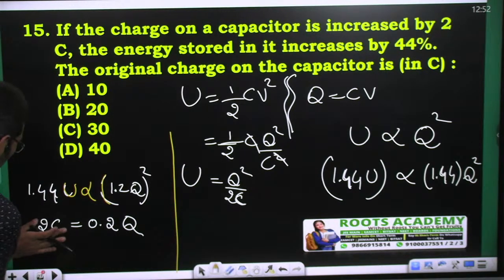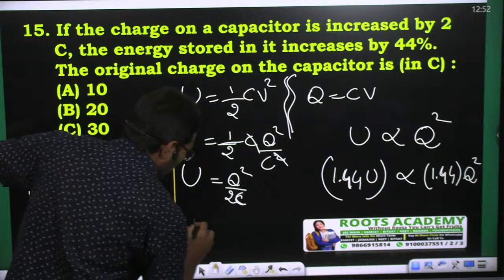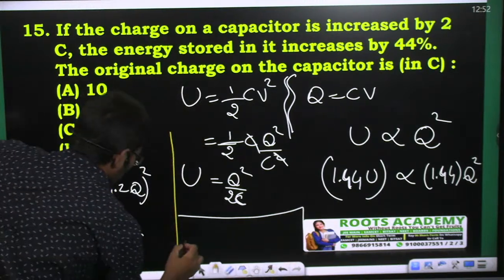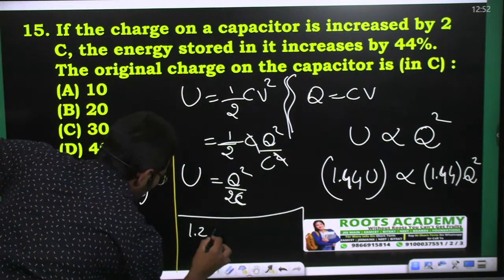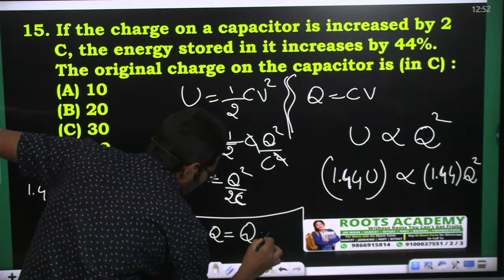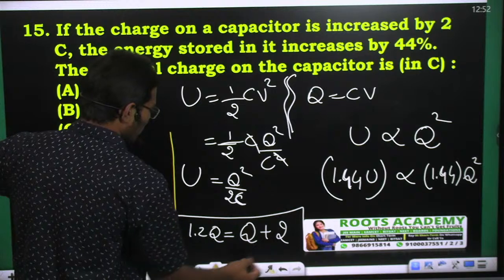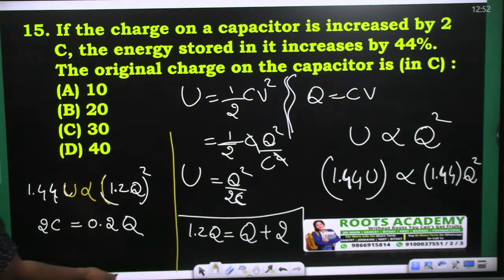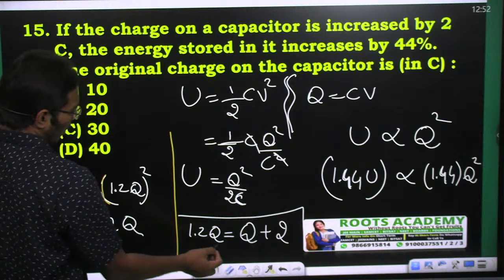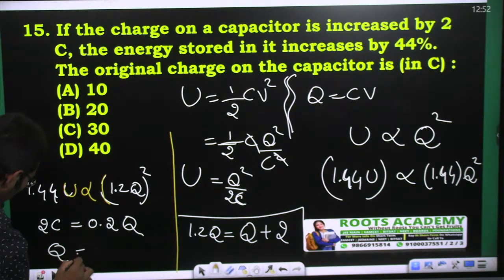If I write it in a more elaborate way, 1.2 Q is equal to Q plus 2. That is what is given in the question. So 0.2 Q is equal to 2, so Q is equal to 10.